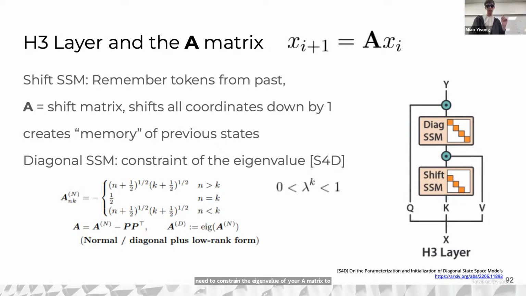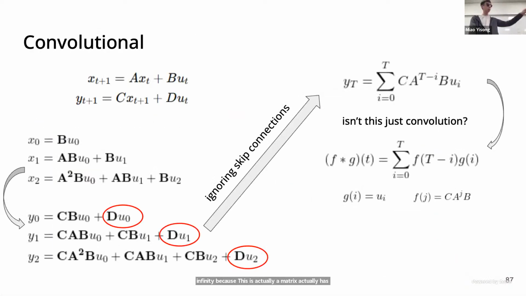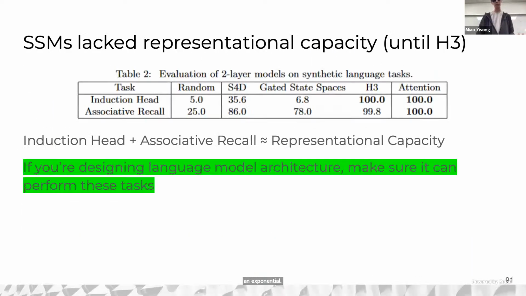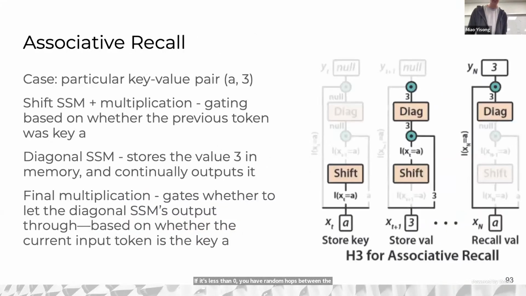The A matrix actually has an exponential, A to the power of T, so if your A matrix is A to the power of K, it can very easily explode to infinity. If you constrain the eigenvalue lambda between 0 and 1, then your model will work. That's the main idea, because lambda to the power of K, if it's more than 1, explodes to infinity. If it's less than 0, you have random hops between the positive and negative axes. Okay, so that's the main idea.